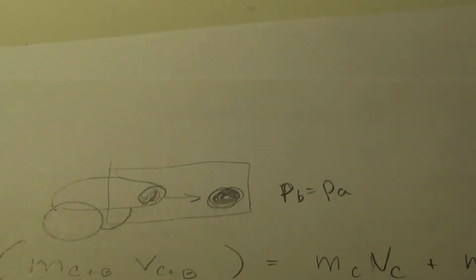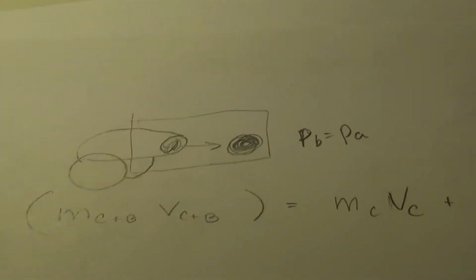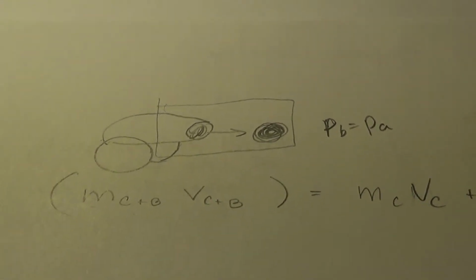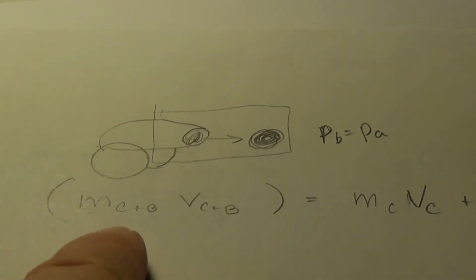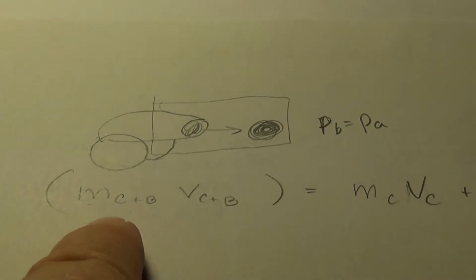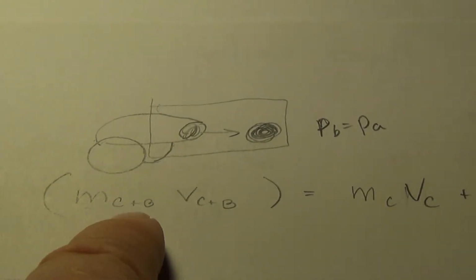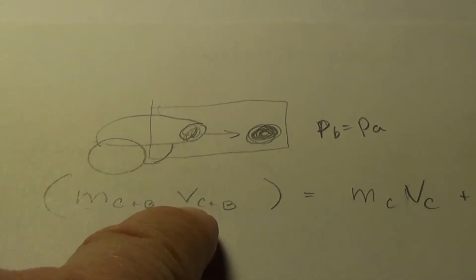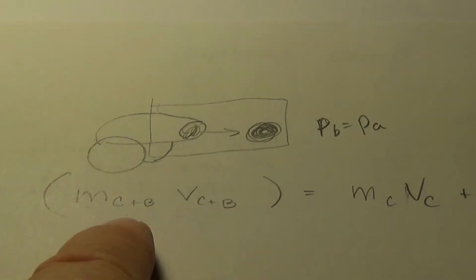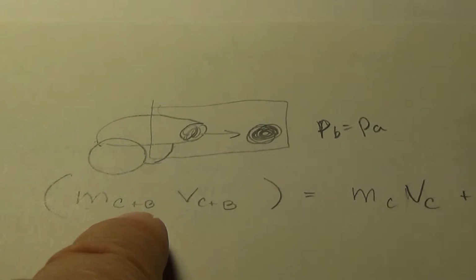So here we notice that before the event, when the ball goes out of the cannon, the mass of the ball and the cannon are one, and the velocity of the ball and the cannon are one, because the ball's inside the cannon.